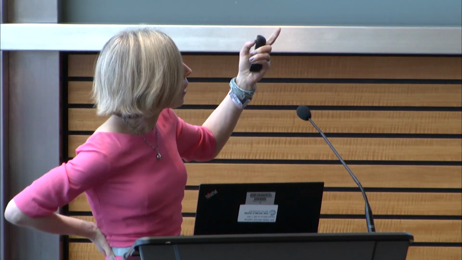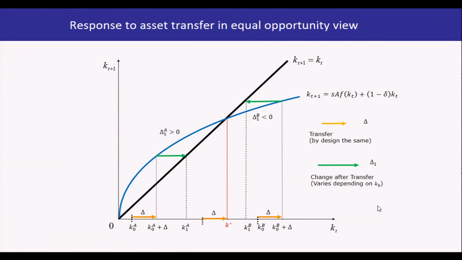Okay? So in a world that looks like this, there are many arrows here, but what it is saying is this K star is the equilibrium. So poor people, when they're given the transfer, would accumulate more to reach K star. And rich people, that is people to the right of K star, will decumulate.